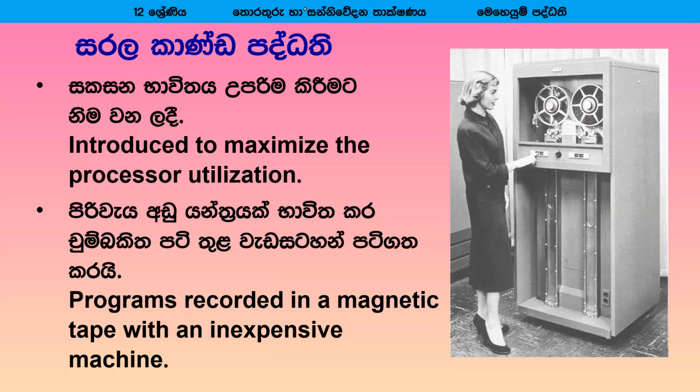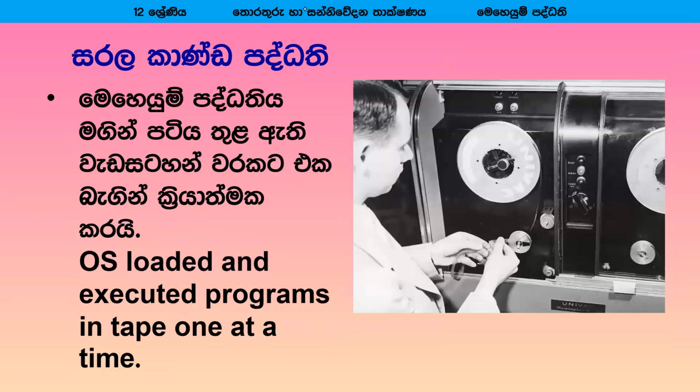Then the next program should be input, processed, and output, right? So in this era, in the simple batch system, they had a special machine to create a batch of programs, and then they put it into the operating system all at once.